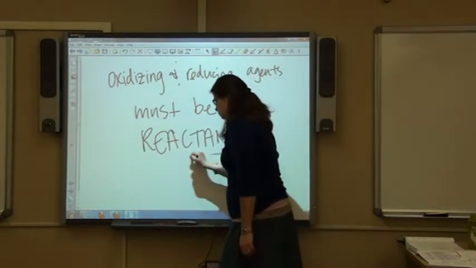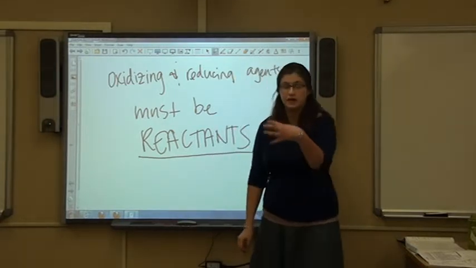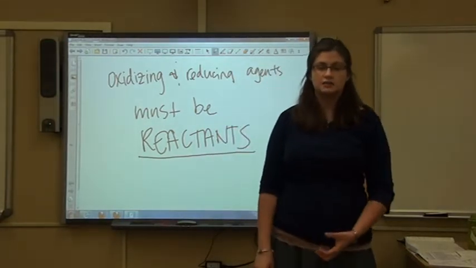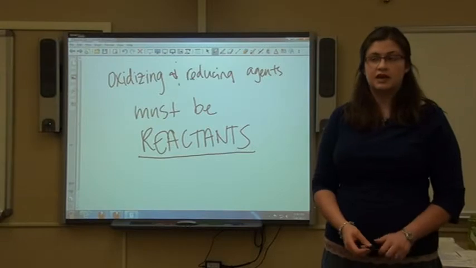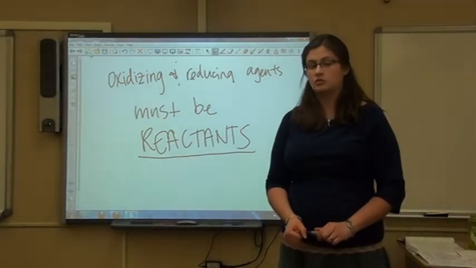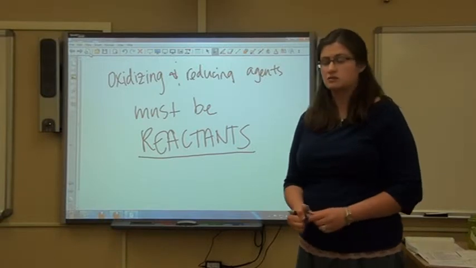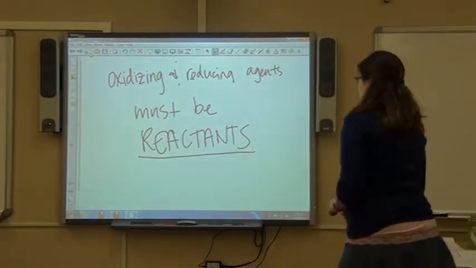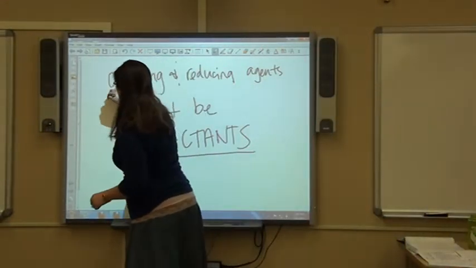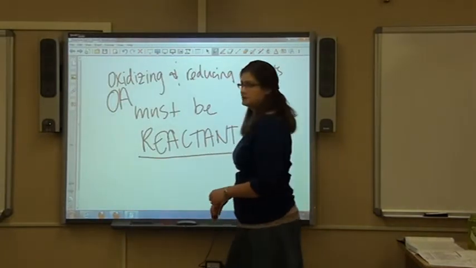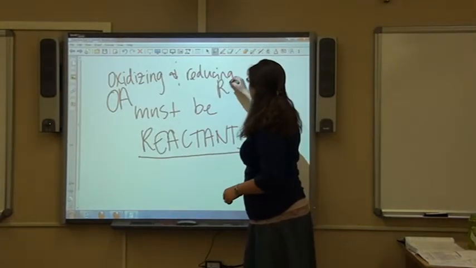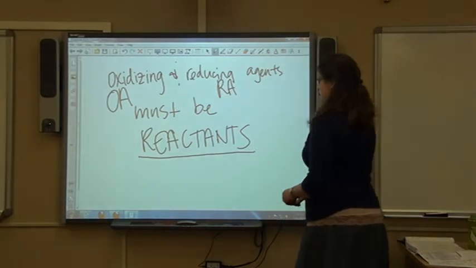That's why I circled the carbon monoxide, because it was on the left side of the equation as opposed to being a product. The agents are the things that are picking up or losing the electrons. Therefore, they have to be reagents. I'm going to abbreviate these things always. OA for oxidizing agent, RA for reducing agent.